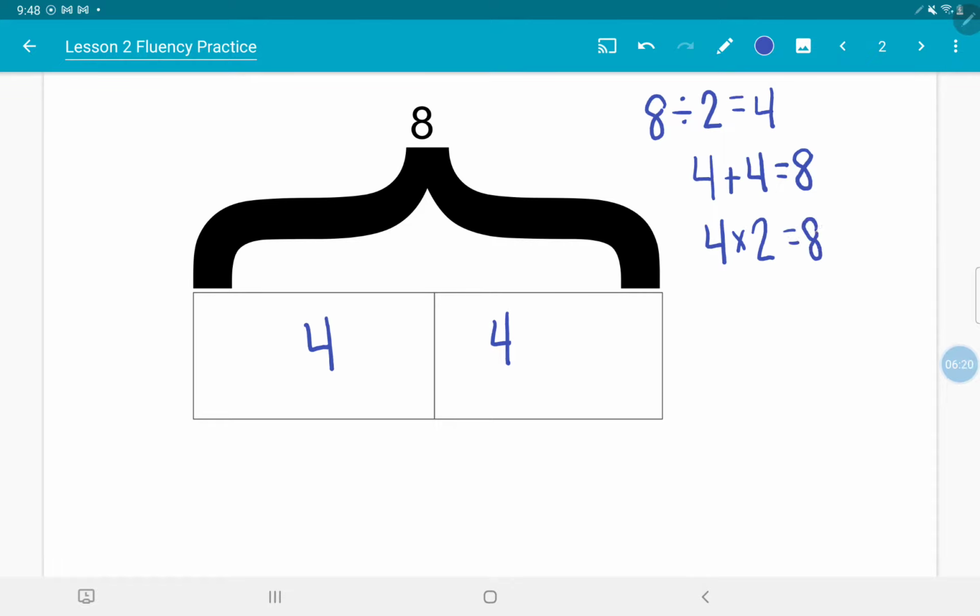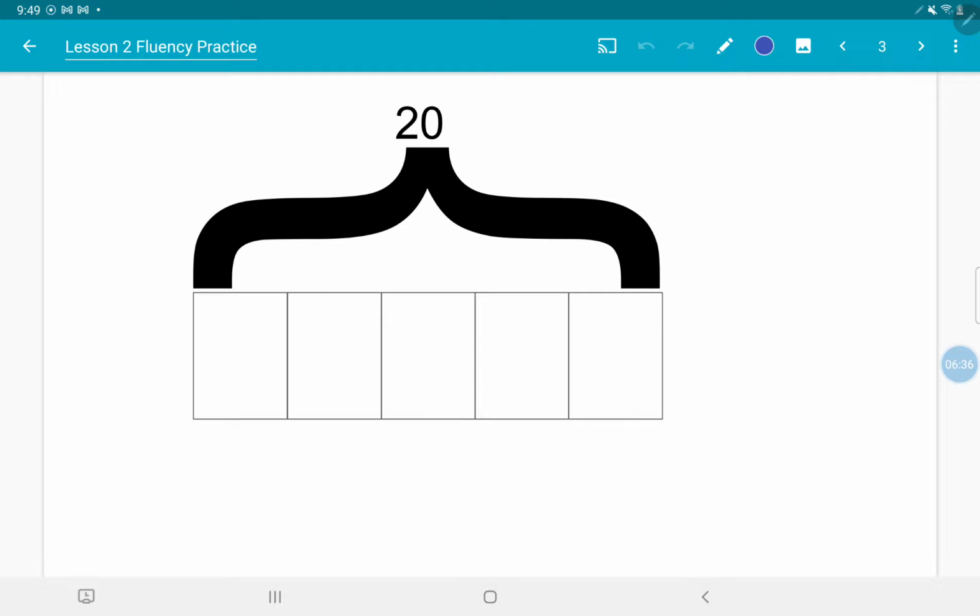All right, erase. All right, here's another. I want you to write the 3 equations that would match this diagram.